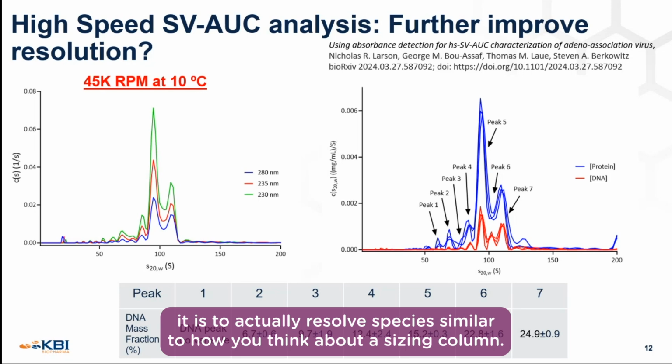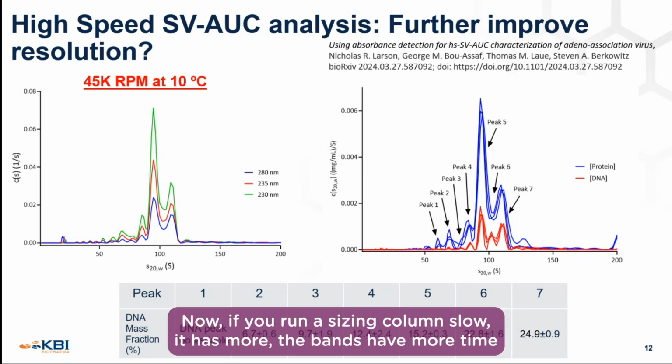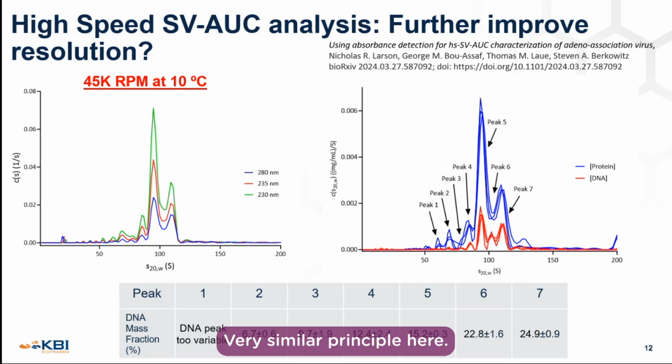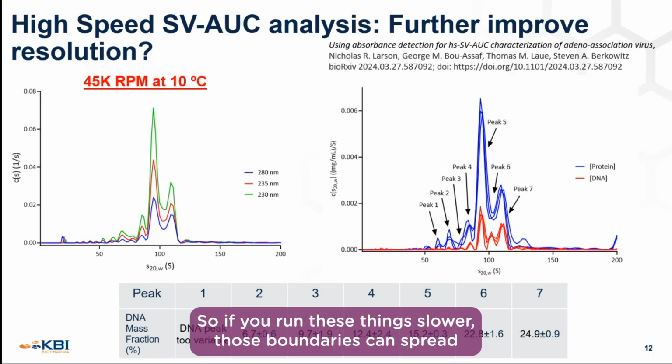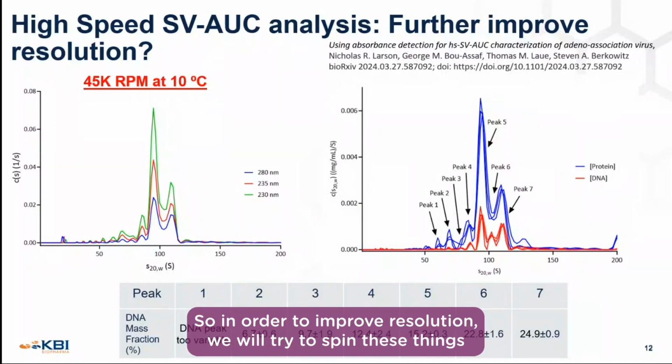This is similar to a sizing column. If you run a sizing column slow, the bands have more time to broaden as they run through the column. A very similar principle applies here. If you run these slower, those boundaries can spread much more relative to how fast they're translating. So to improve resolution, we want to spin these as fast as we can.